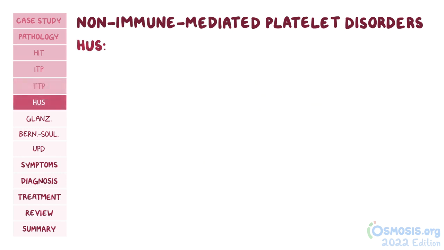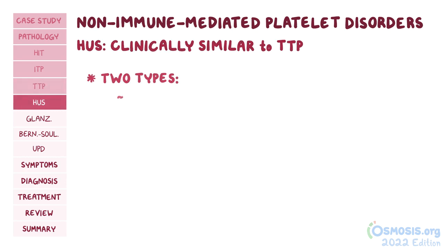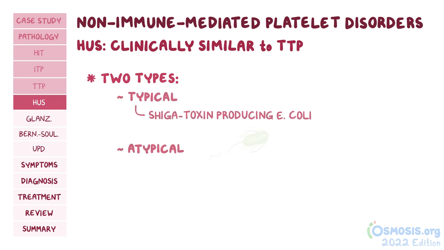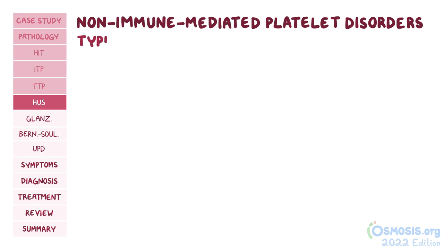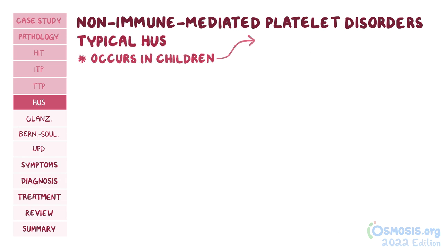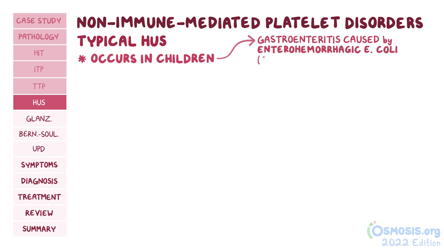Alright, now HUS is clinically similar to TTP, and there are two types of HUS, typical and atypical. The typical type is also called Shiga toxin-producing Escherichia coli HUS, or STEC HUS. It classically happens in children, and develops after an episode of gastroenteritis caused by Shiga toxin-producing organisms, like enterohemorrhagic Escherichia coli subtype O157:H7, and Shigella dysenteriae.